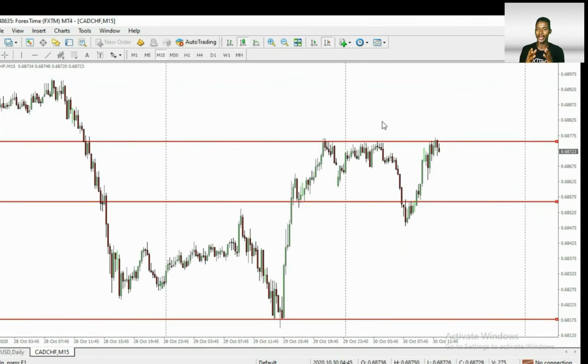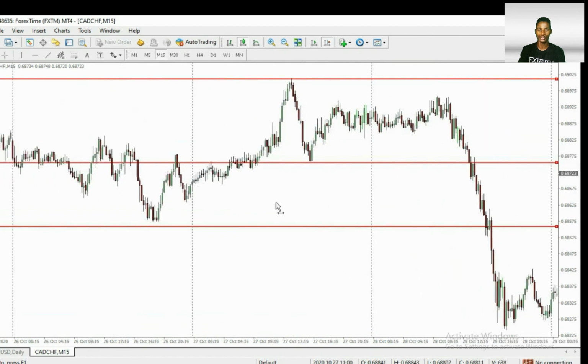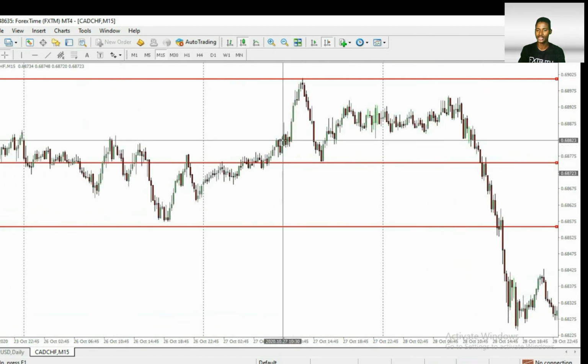So you see now we are able to capture the real swings in the market, this region, this region over here. And if you keep going downwards, you see that we're able to capture the obvious levels.